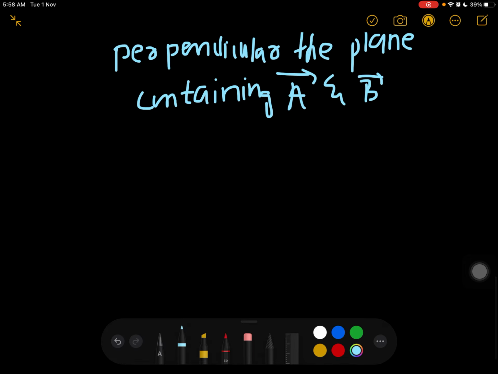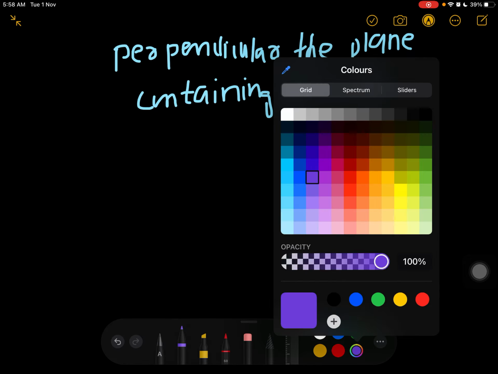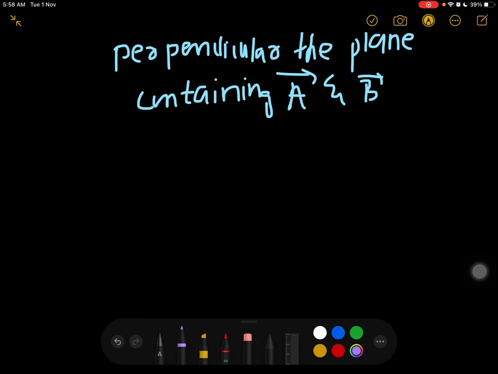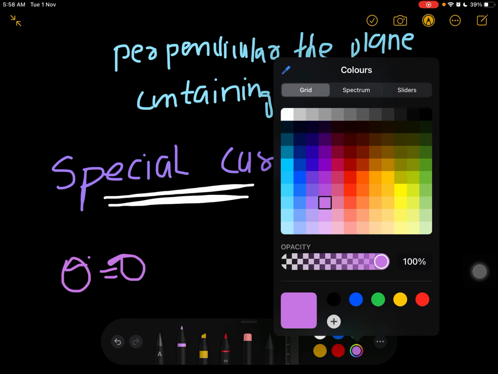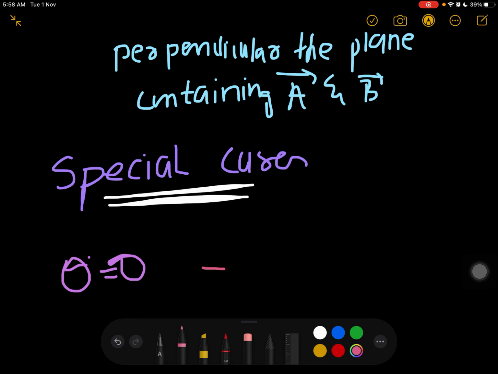So now we will study some special cases, right? What if the angle between them is 0? How would it be possible? If two vectors are like this and this, the angle between them will obviously be 0.